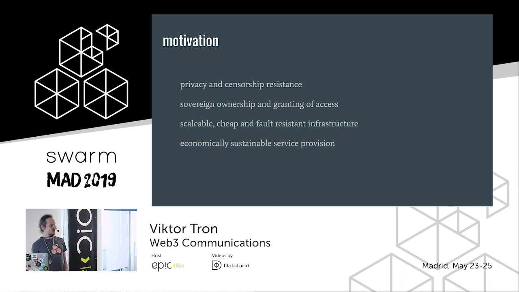The motivation that we got when building Web3 communications services is basically centered around censorship resistance and privacy.